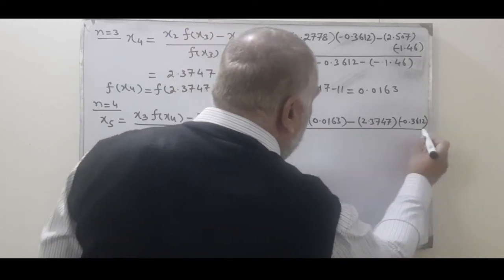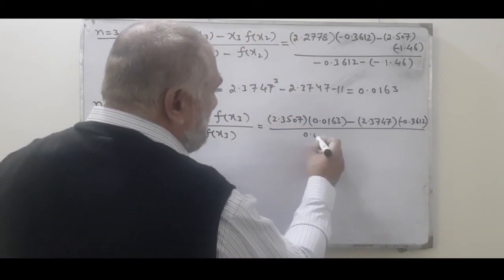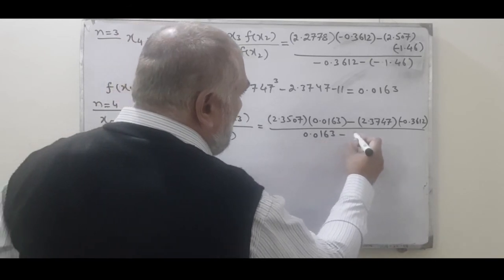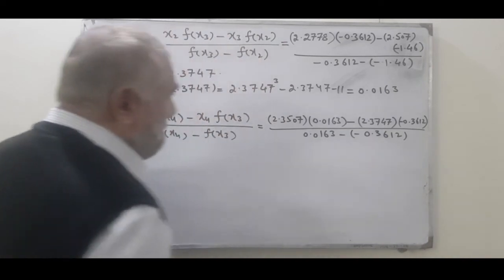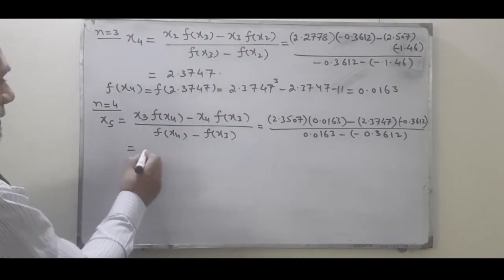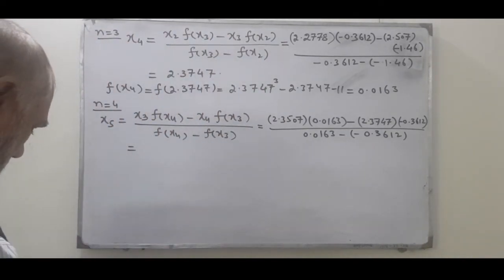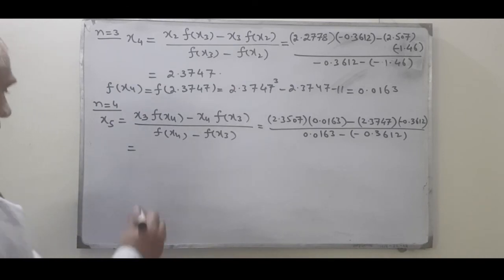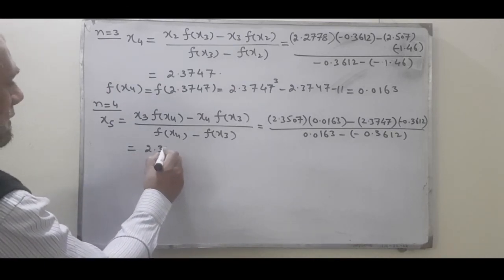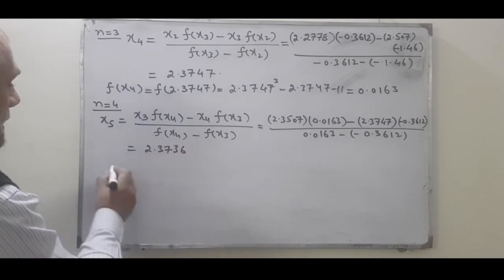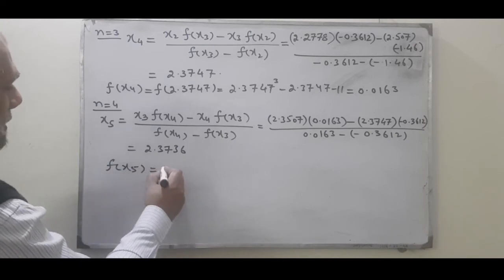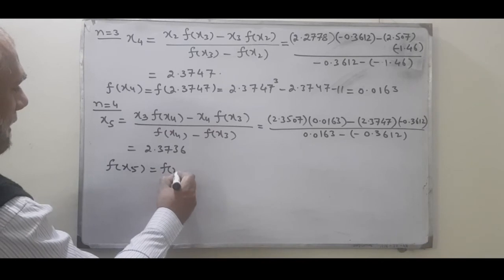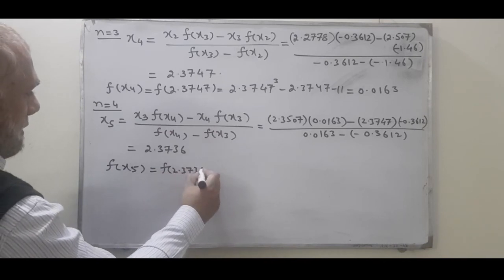Okay, and in the denominator we have 0.0163 minus minus 0.3612. Okay. And on simplifying, we'll have the next better approximation in the form of 2.3736.